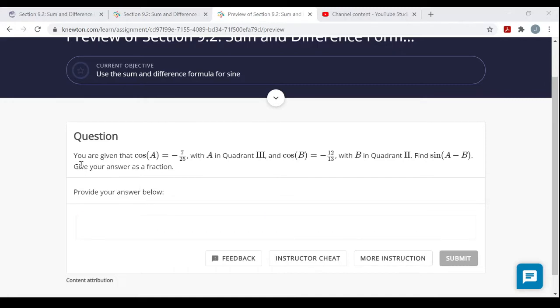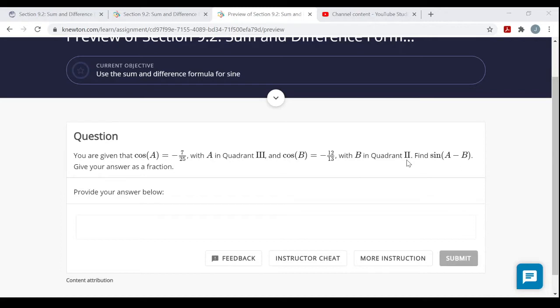So we're given the following. We are told that the cosine of some angle called A is negative 7/25, and angle A is an angle that ends in quadrant 3, in standard position. The cosine of angle B is negative 12/13, this other angle called B, and angle B is an angle that ends in quadrant 2 when you draw it in standard position.